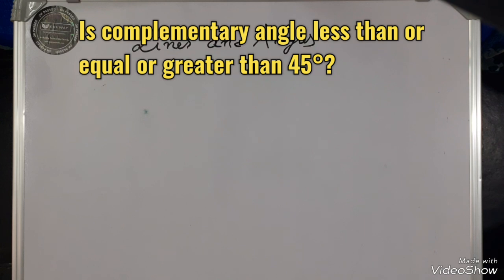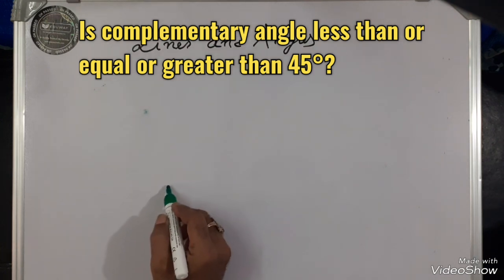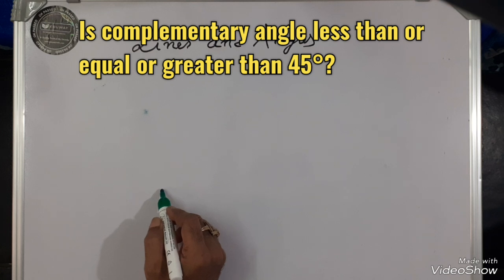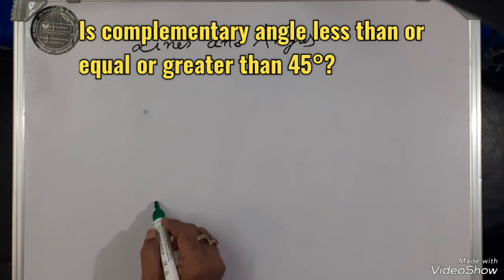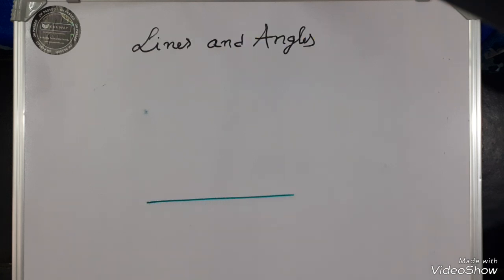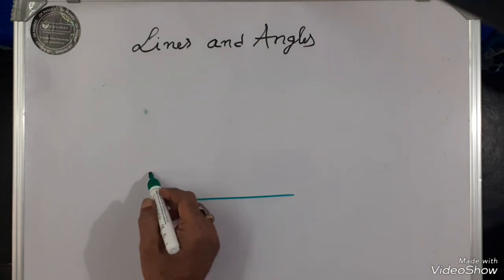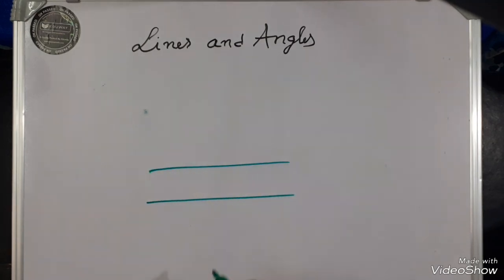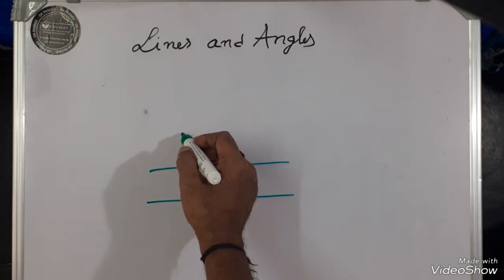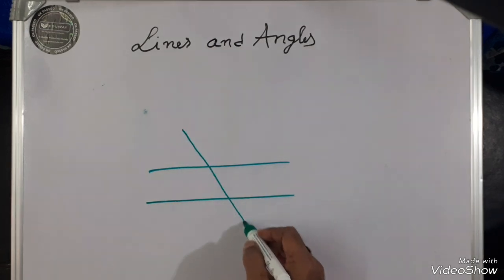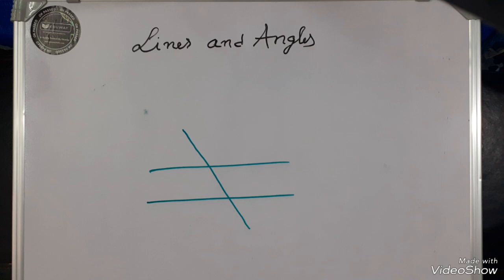Next, what is a transversal? Suppose two lines are there, and a line passes through these two lines at two different places, then it is called a transversal.